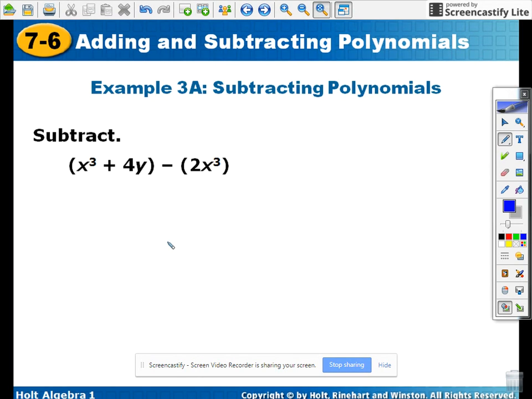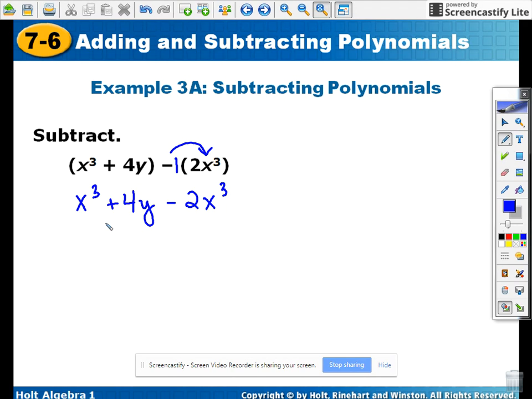So let's look at this in a problem. I'm going to subtract 2x to the third from x to the third plus 4y. So again, I consider this a negative 1, and I'm going to distribute it. Obviously, there's only one term, so you're just multiplying. I rewrite the first term without the parentheses. Negative 1 times 2x to the third is negative 2x to the third.